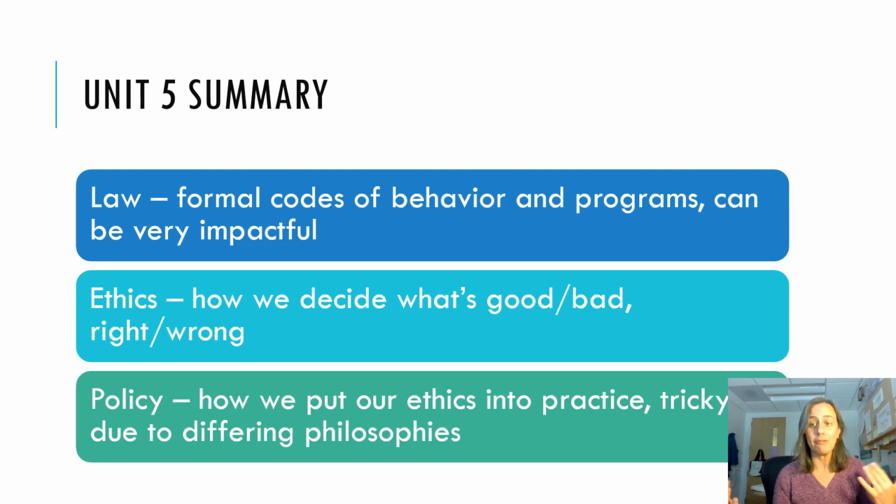And that's where things get really tricky, because then when we're trying to decide policy, so how do we put our ethics into practice? What decisions do we make about how we want our world to work? Then it's tough because we don't all hold the same values and philosophies. So that's why this is so interesting and so difficult, especially in such a large country with such a diverse population.